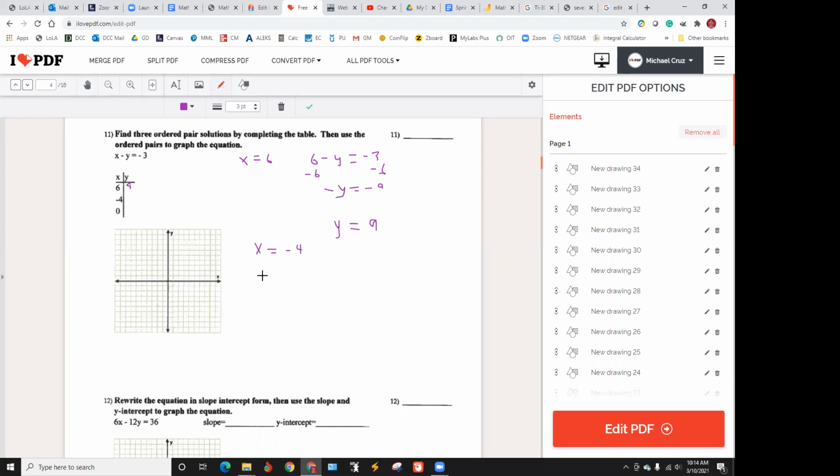So now we're just going to put a -4 right there for x. See what it comes out. Here we're going to add 4. So negative y is equal to -7.